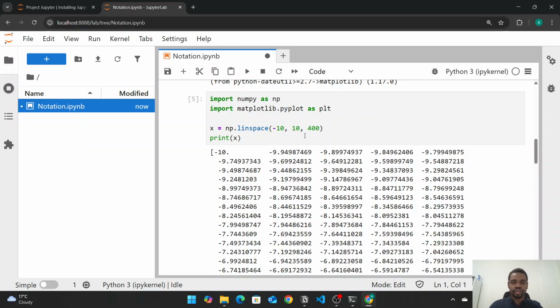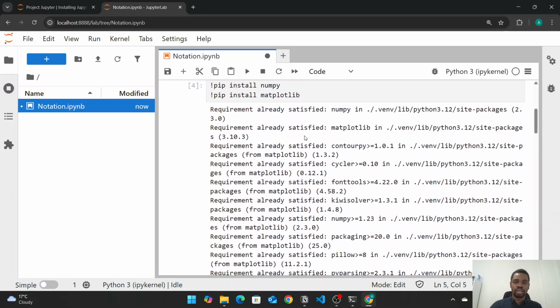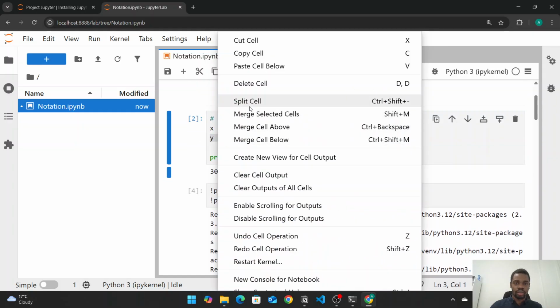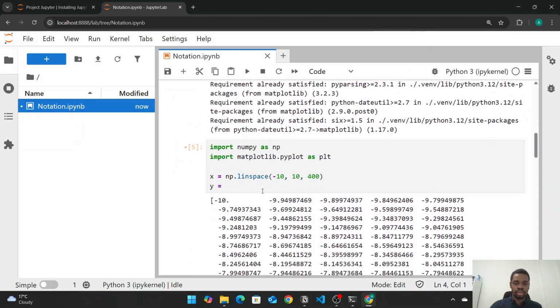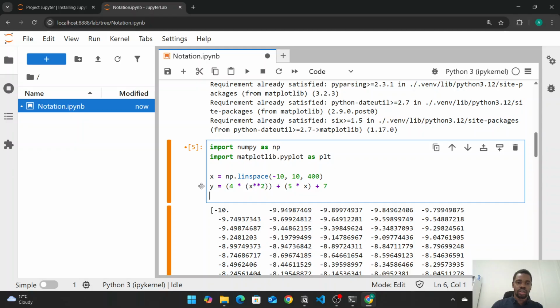These are our x values that we will put in our equation. Should we use a cubic equation? No. Let's use this same equation we used. So let's go with our previous equation.